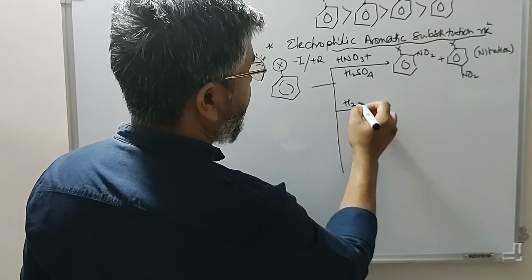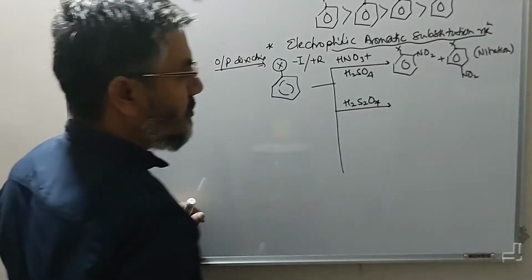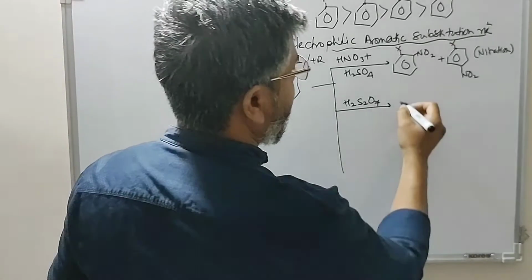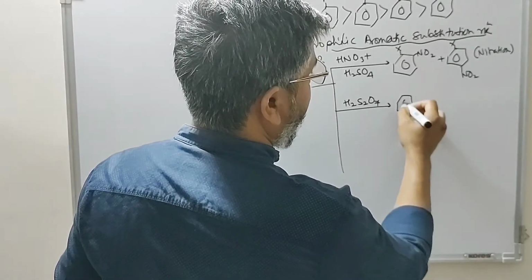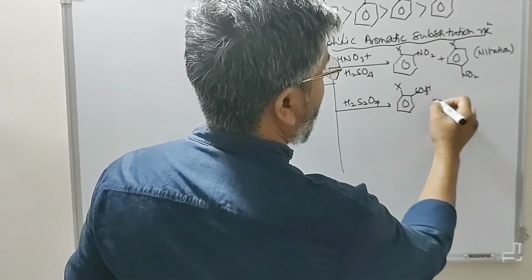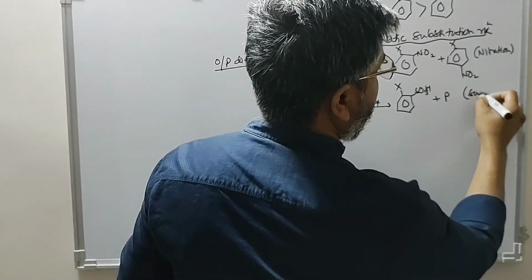We have reaction with oleum or concentrated sulfuric acid, the reaction is known as sulfonation. We have the sulfonic group introduced at ortho, plus we will have some para compound.